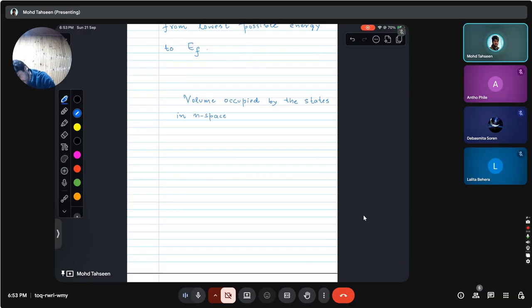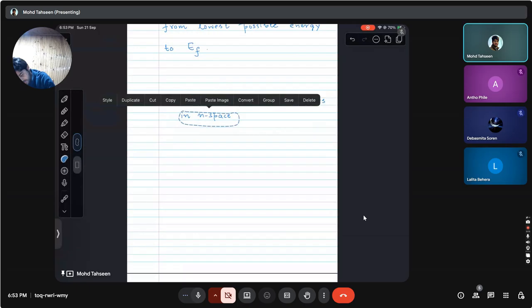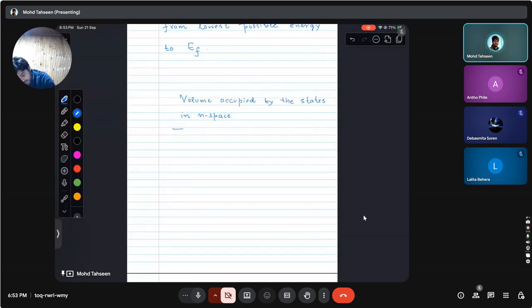Okay, I can do the same thing in k space as well, but I will stick to n space here, and I'm going to divide it by the volume occupied by a single state in n space, right? And this will give me the number of allowed states.